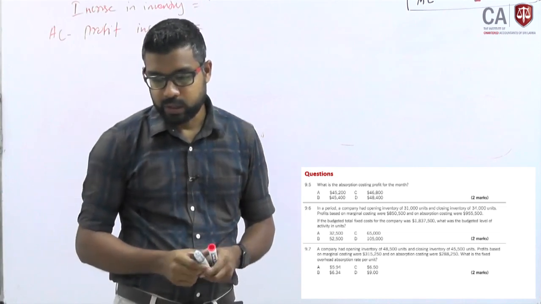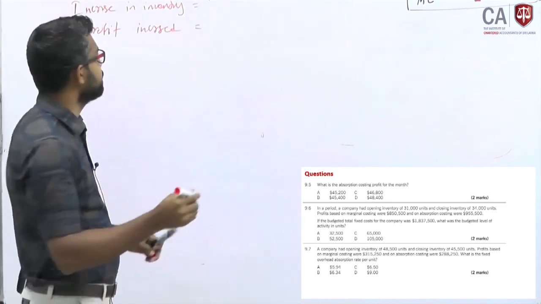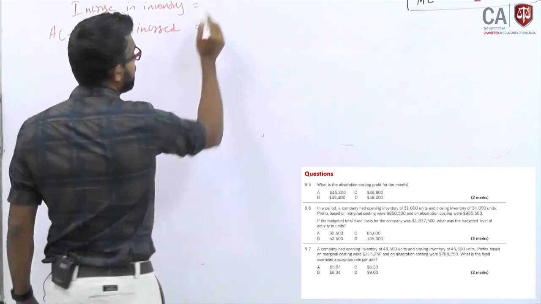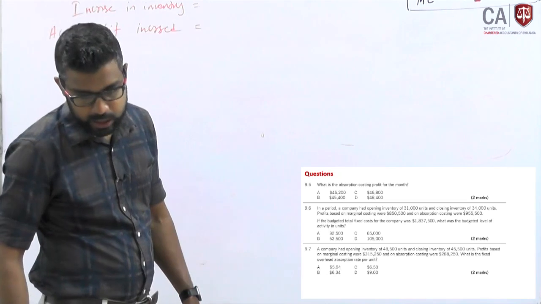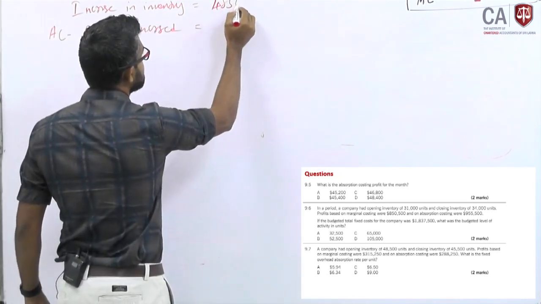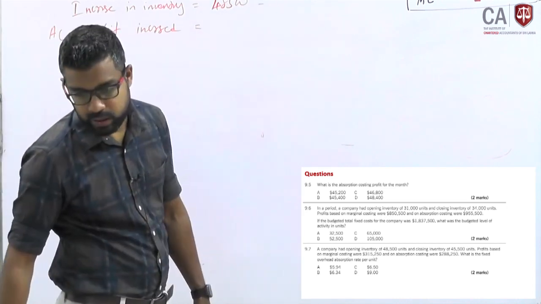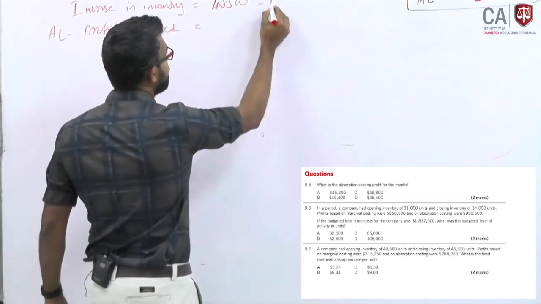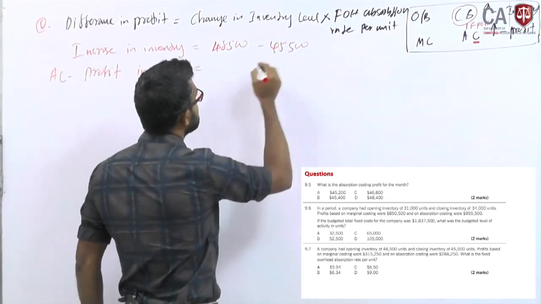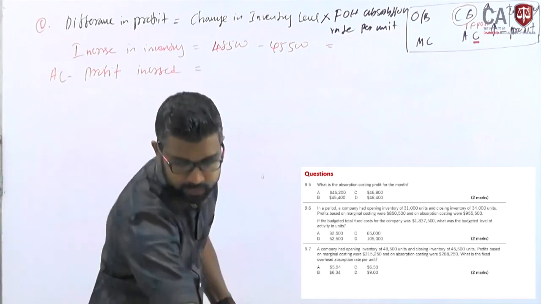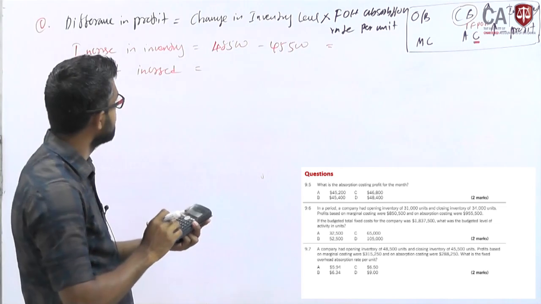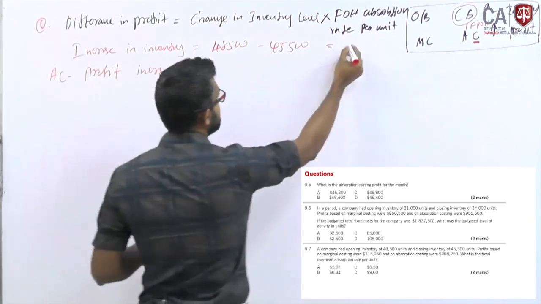Opening inventory 48,500, closing inventory 45,500. Change in inventory level, how much? 48,500, closing inventory 45,500. 3,000, right?